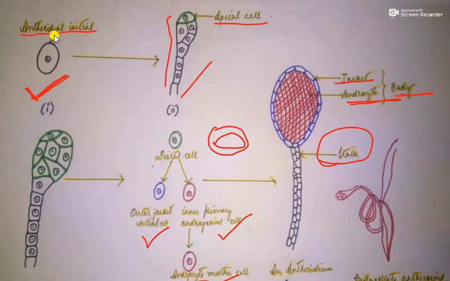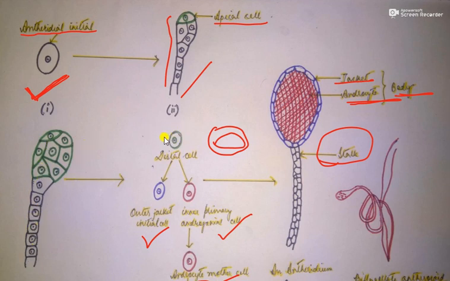The antheridium will develop from a cell known as the antheridial initial. It will then divide and form a filamentous structure. The top cell of the filament is known as the apical cell. The apical cell will divide to form a large body, and 2 to 5 cells of that body will divide periclinally to form this type of structure, known as a mass of distal cells, and this lower portion will give rise to the stalk.